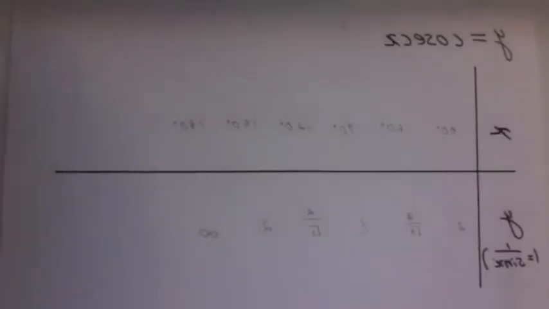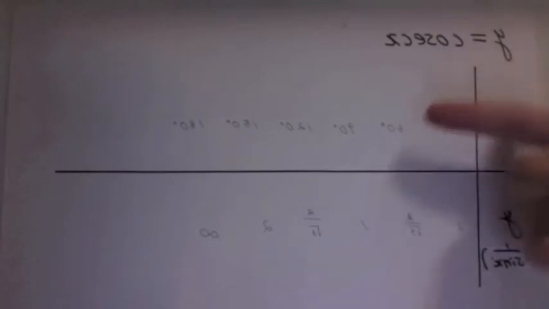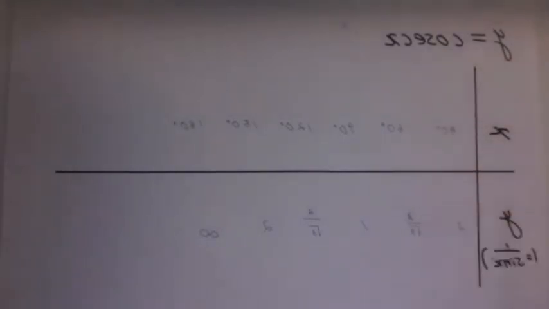So if we plot the y values of the cosec graph, it will basically be like this: 30 degrees, 2; 60 degrees, 2 over square root 3, which is just 1 over sine x.